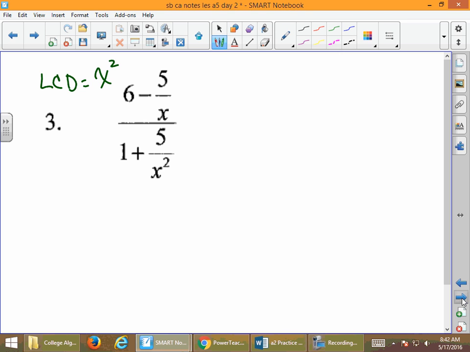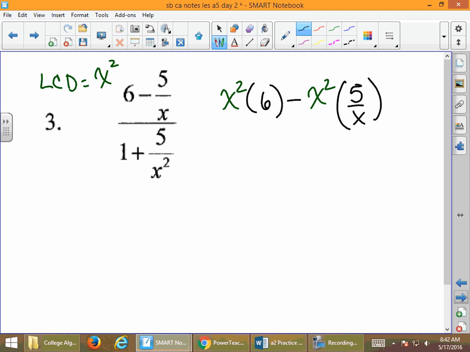So what we're going to do is we're going to take x squared and we're going to multiply it by 6 minus x squared times 5 over x, all divided by x squared times 1 plus x squared times 5 over x squared.